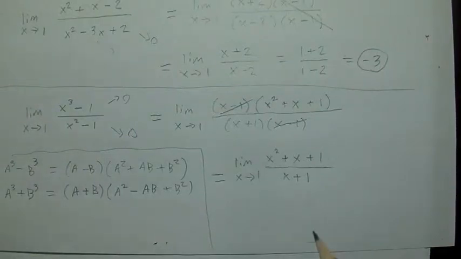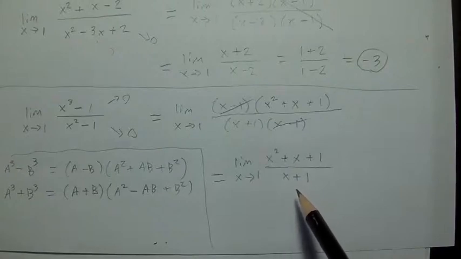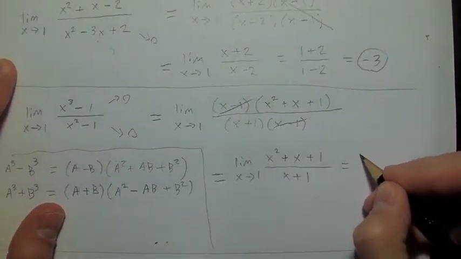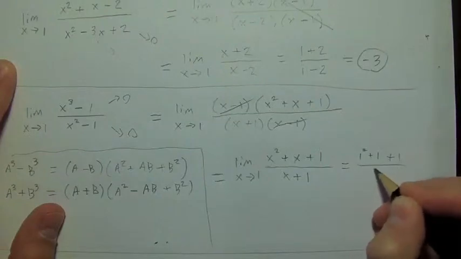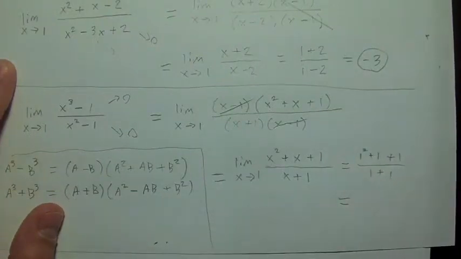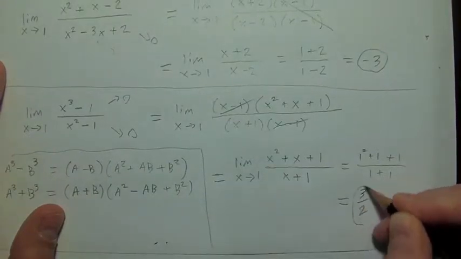And now I should be able to plug and shove, because what we really check is the denominator, and that's definitely not going to go to 0. That's totally fine. So plugging in 1, I get basically 1 squared plus 1 plus 1 all over 1 plus 1. Again, you don't have to write this step out. I'm just doing it to really show that I am actually just plugging 1 everywhere I see x. So this is 3/2.